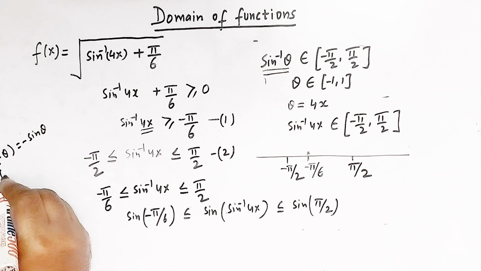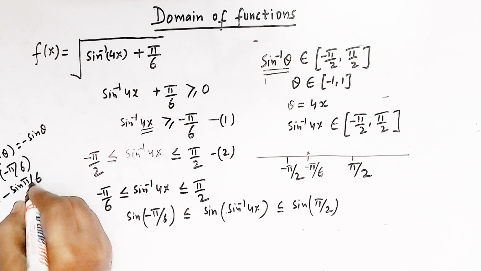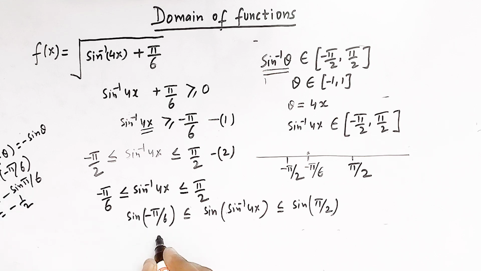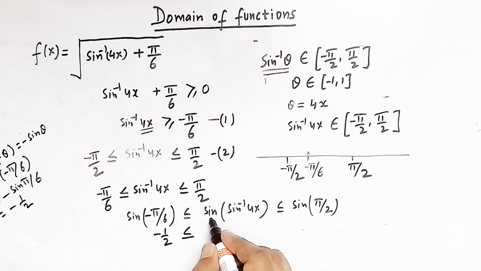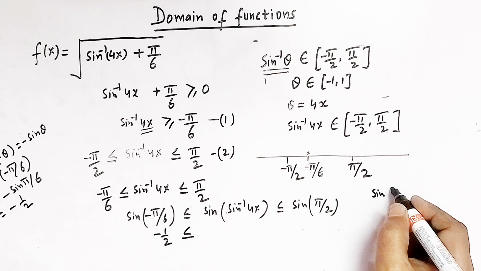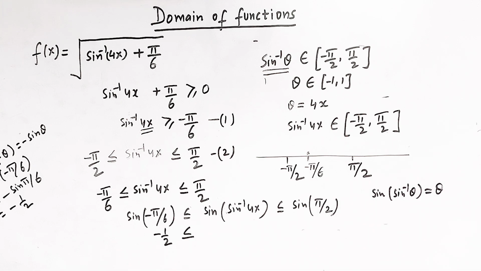So sine of minus pi by 6 is equal to minus sine pi by 6, and sine 30 degrees is half, so here we have minus half. And using an important property of inverse trigonometric functions, sine of sine inverse theta is equal to theta, right? So here for theta we have 4x, and sine pi by 2 is 1.